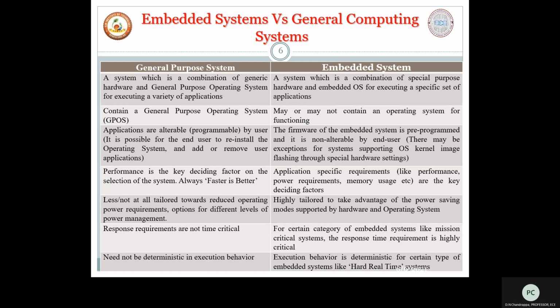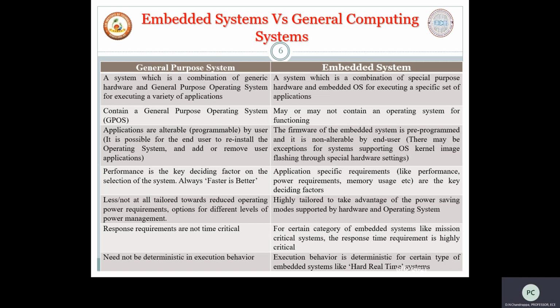But in an embedded system, the behavior is deterministic for certain types of embedded systems, like a hard real-time system or a soft real-time system. This is the general comparison between embedded system and general computing system.